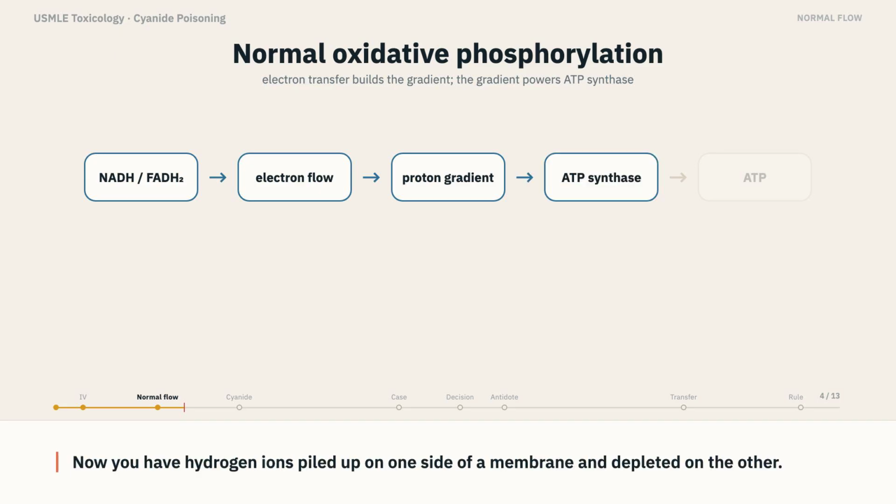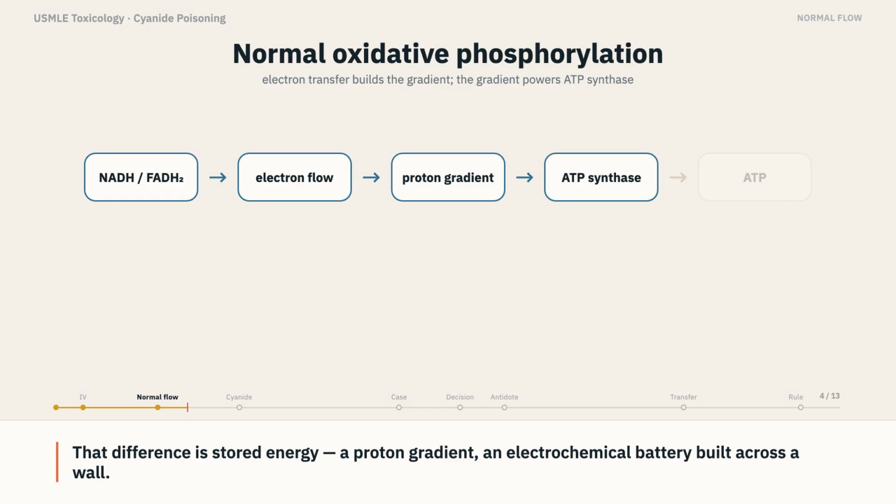Now you have hydrogen ions piled up on one side of a membrane and depleted on the other. That difference is stored energy, a proton gradient, an electrochemical battery built across a wall.